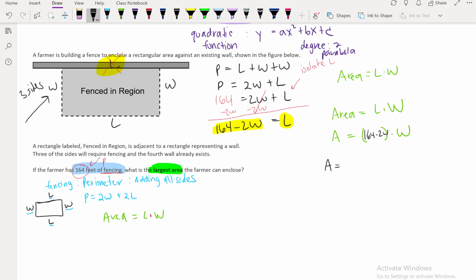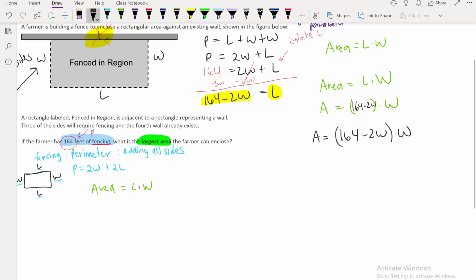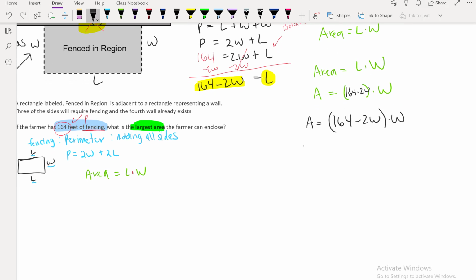So that area is going to equal 164 minus 2W times W. So now you're like, okay, well, I can distribute that W inside my parentheses. So then that's going to give me 164W.